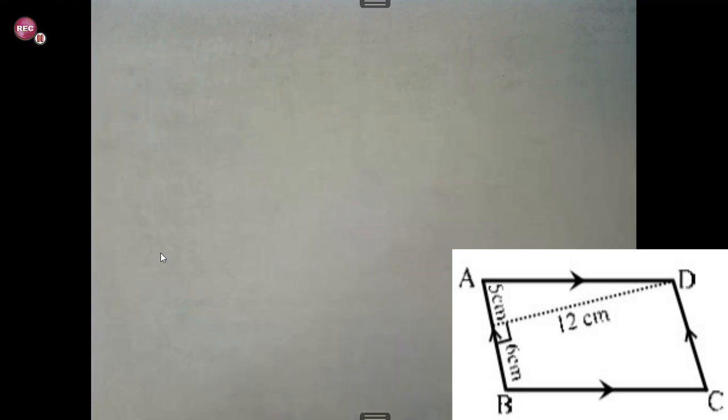The height is obviously a side of the right angle triangle. Then they gave us the 5 centimeters, but we need to go and calculate side AD. Now, to do that, exactly like the previous question, Pythagoras is needed in order to complete this question.